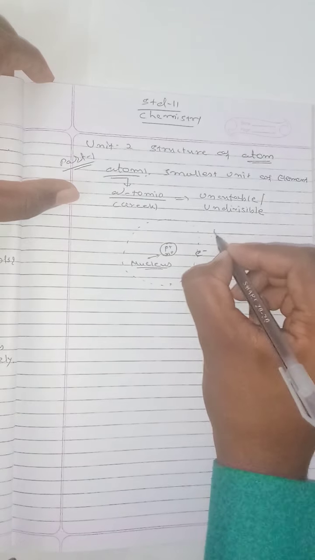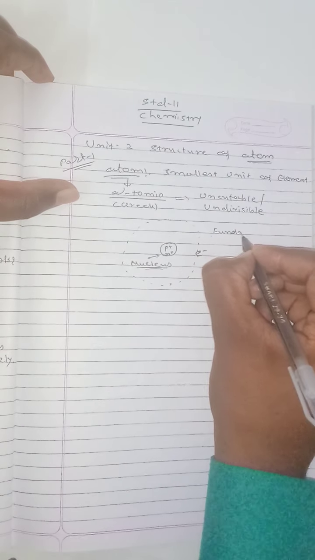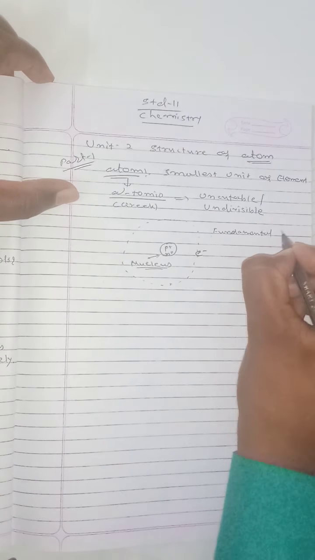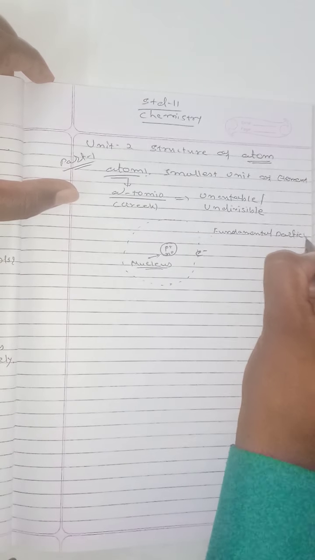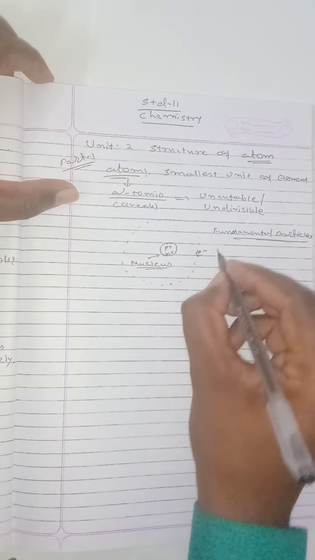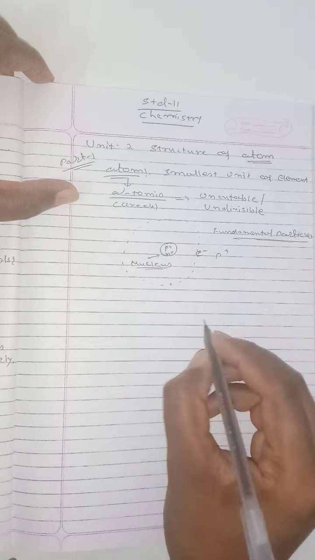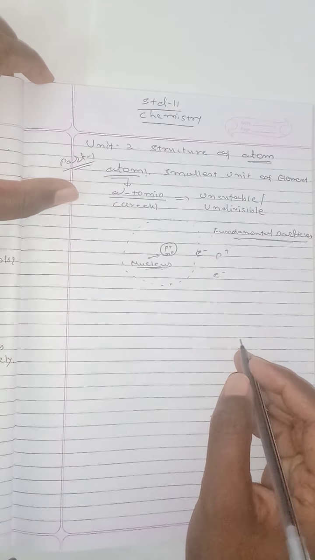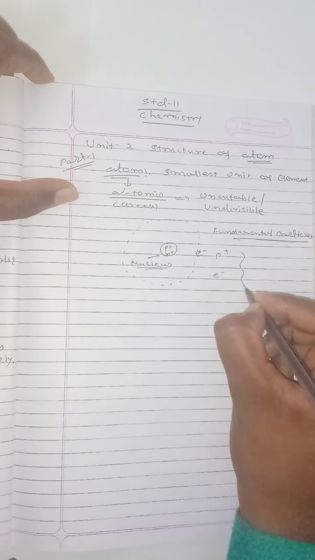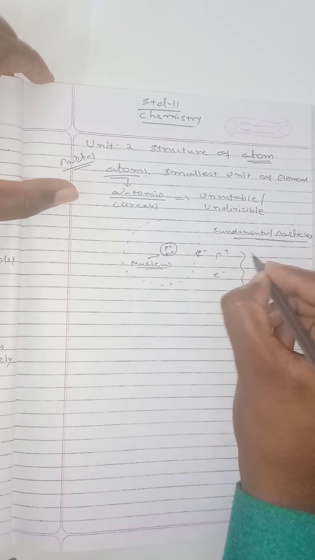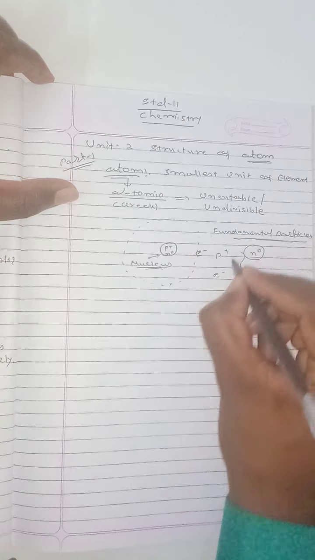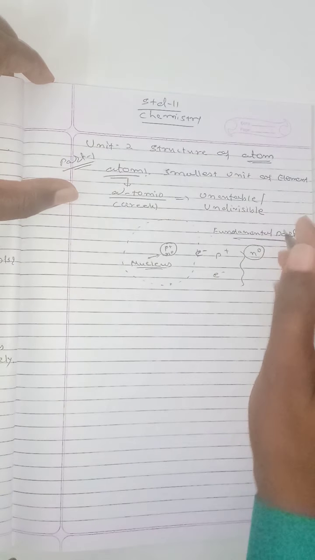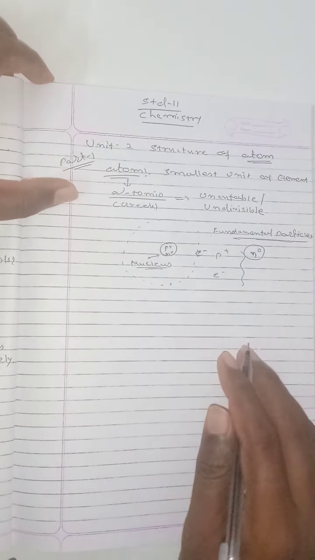So the fundamental particles of the atom are the positively charged proton, the negatively charged electron, and the no-charge particle, that is, the neutron.